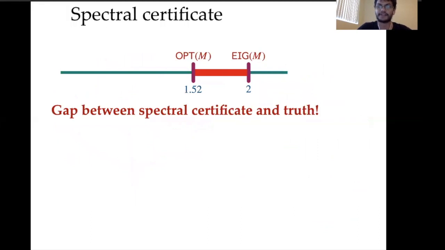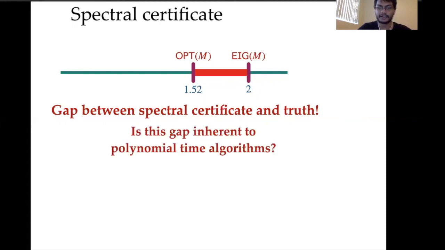However, based on the discussion on an earlier slide, when M is, say, a Gaussian matrix, there is a gap between what opt of M is and what the eigenvalue-based upper bound is. Now, one could ask whether this gap is something inherent to all polynomial time algorithms, or whether it might be possible to come up with other polynomial time algorithms that either reduce the gap or even possibly close it.